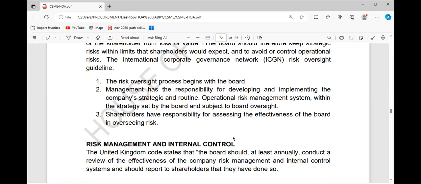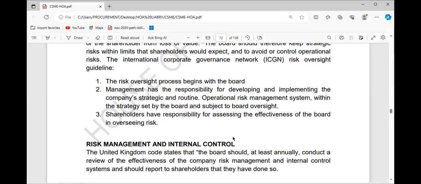Now, the risk oversight process begins with what? With the board of directors, with the board. How are we going to process the risk? What are the risks that we are exposed to? The board have to cover and assess all this. Then number 2 is management has the responsibility for developing and implementing the company's strategy and routine. That is the operational risk management system within the strategy set by the board and subject to board oversight.